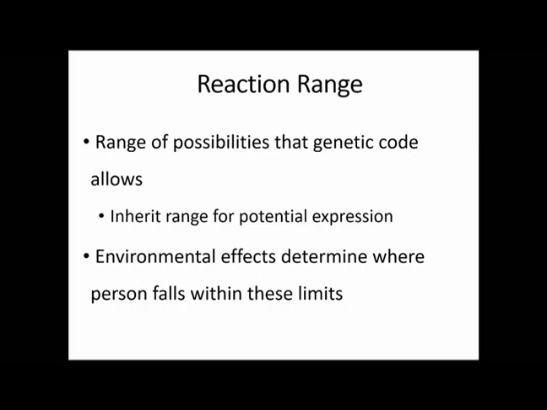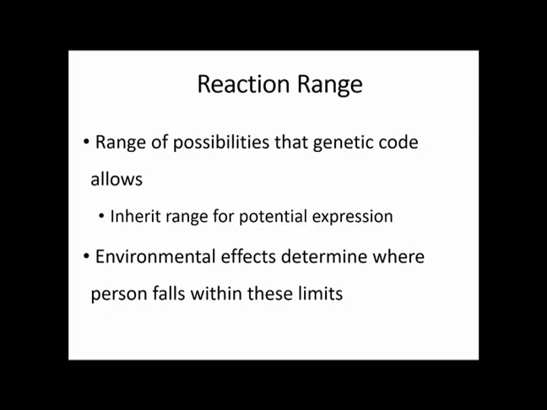So when we talk about a reaction range, we're talking about a range of possibilities that your genetic code allows. So we're basically saying that you would inherit a range of potential expression. So if we're looking at IQ, then your genes would say that based on your genetic material, your IQ should fall somewhere between 90 and 110.